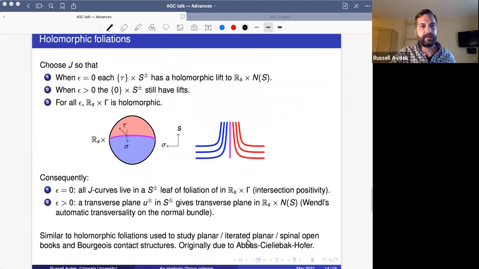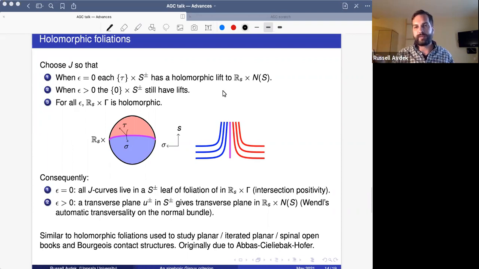Our next step is we're going to define our almost complex structures. Like quite a few of the talks here, we're going to use holomorphic foliations. We choose our J so that when epsilon is equal to 0, which is the degenerate Morse-Bott case, each slice, tau times a positive or negative region, has a holomorphic lift to the symplectization, which I'll call R_s times the neighborhood of the convex hypersurface.